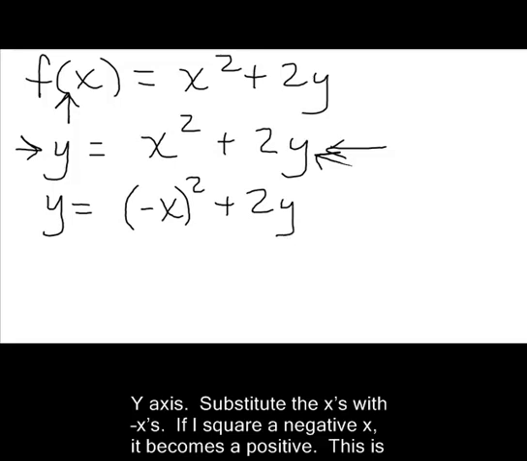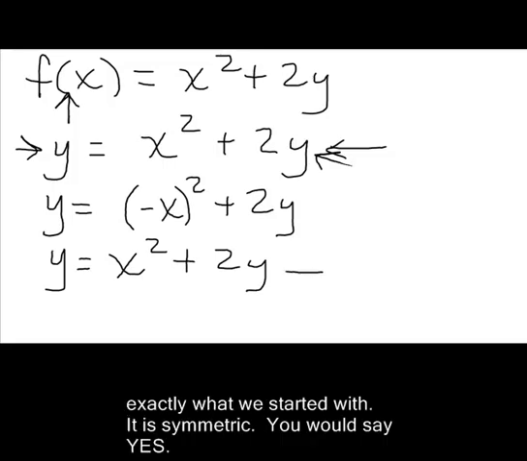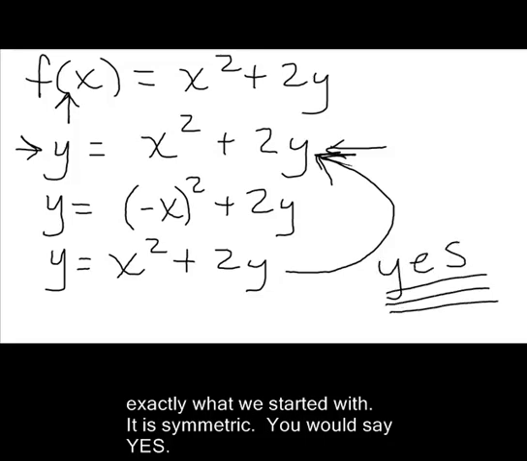If I take a negative and I square it, it's inside parentheses, so if I square it, it becomes a positive. This is exactly what we started with originally. So this one is symmetric about the y-axis. So you would simply say yes.